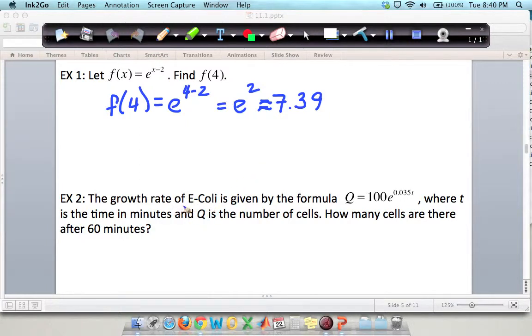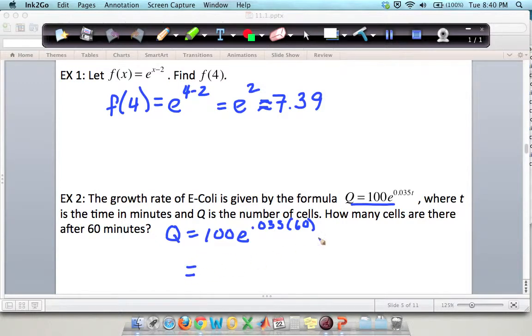The growth rate of E. coli is given by this formula, where t is the time in minutes and Q is the number of cells. How many cells are there after 60 minutes? So this is continuous growth, and I want to know in basically 1 hour, how many cells do I have? This 100 actually tells me that's what I started with, so it'll be interesting to see what we have after 1 hour.